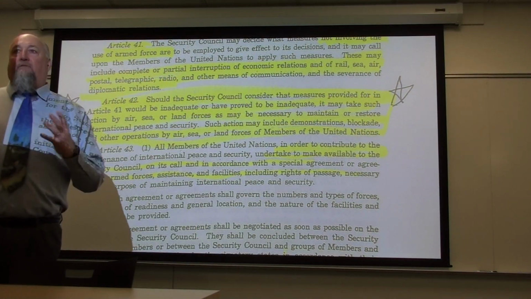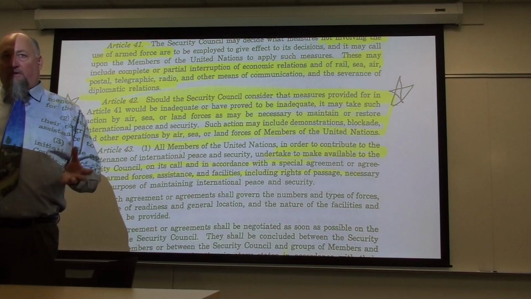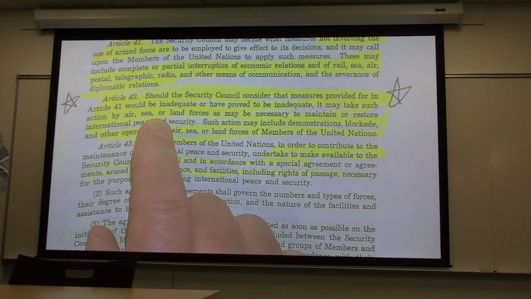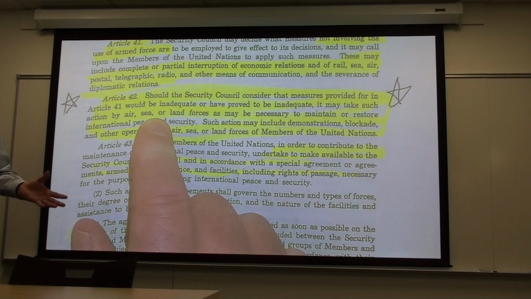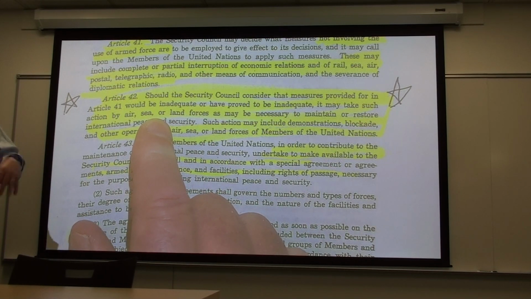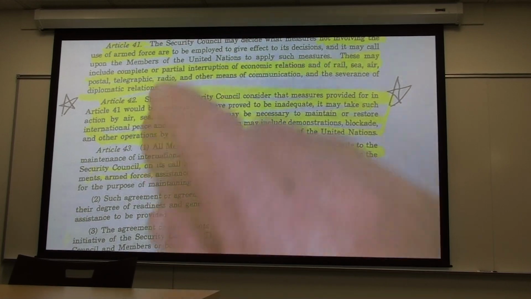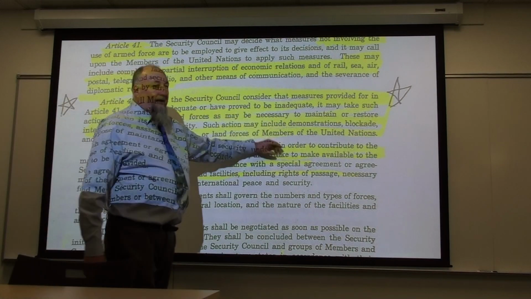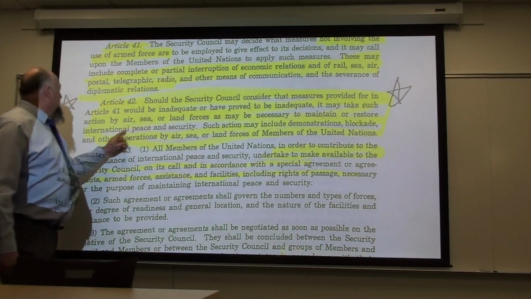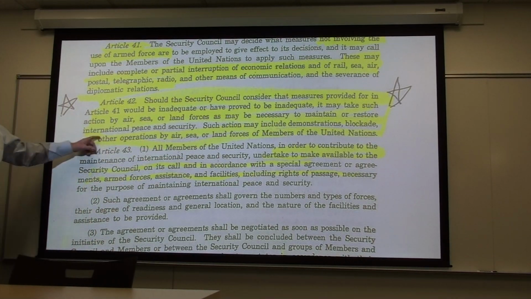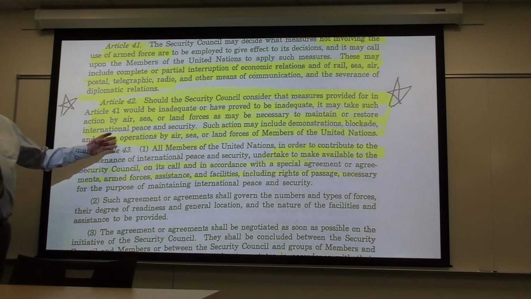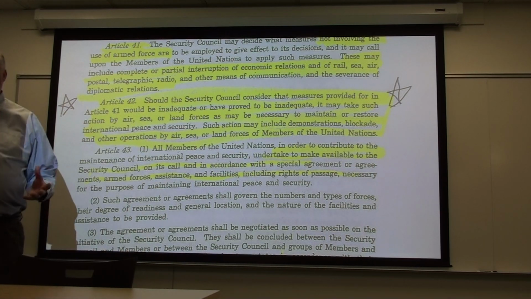Now, that's not the goal. The goal is to hopefully not have military activity, but this allows for the Security Council to approve military action even if they haven't already tried economic or other diplomatic activity or actions. Okay? So this does not mandate you first do 41, is what I'm getting at. All right. So, have proved to be inadequate, it may take such measures or action by air, sea, or land forces as may be necessary to maintain or restore international peace and security, which may include demonstrations, blockade, and other operations, which is a euphemism for military force.